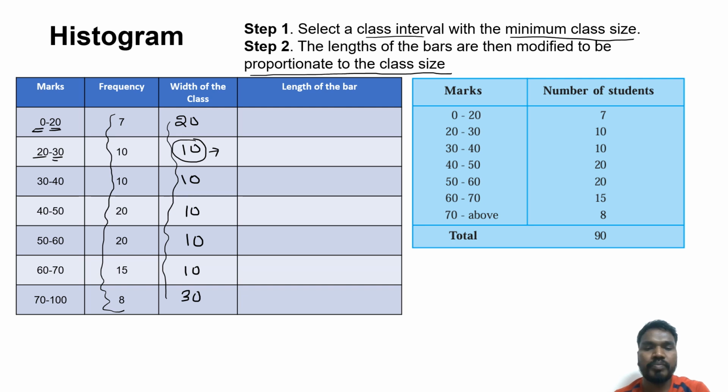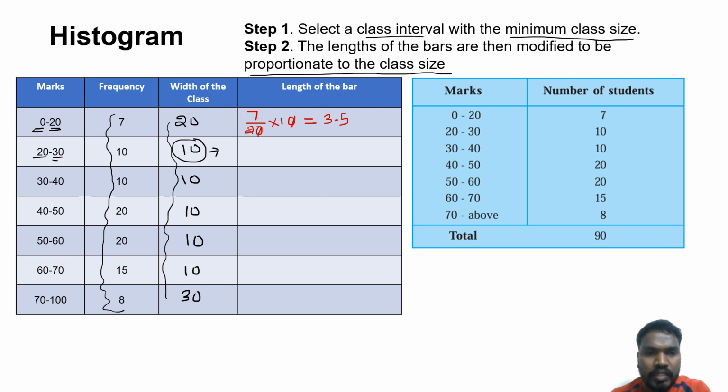How can we do that? You take the original frequency 7, divide by the corresponding class width, and I want to make it proportional to the minimum class size, that is 10. So therefore this will be 3.5.